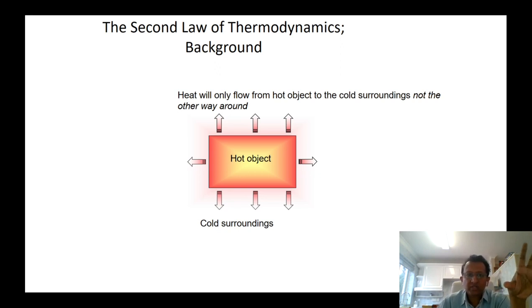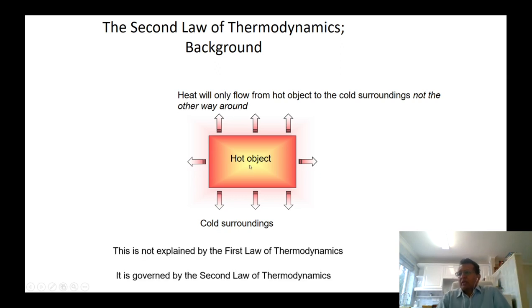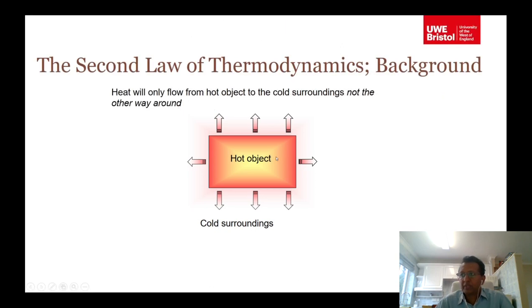It can't transfer from the cold surroundings to the hot object without us doing anything to make it happen. The natural flow of heat transfer is from the hot object to the cold surroundings. That direction of heat flow is not explained in the first law of thermodynamics. It's actually governed by the second law of thermodynamics.